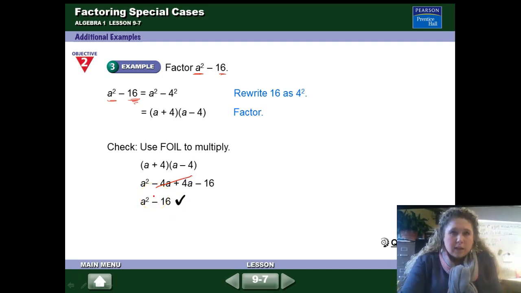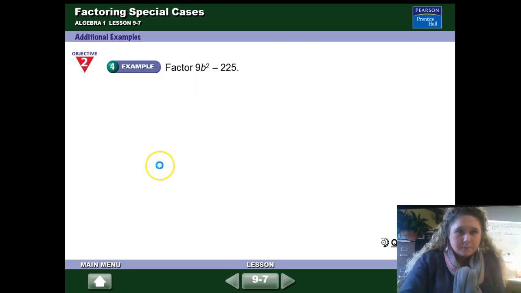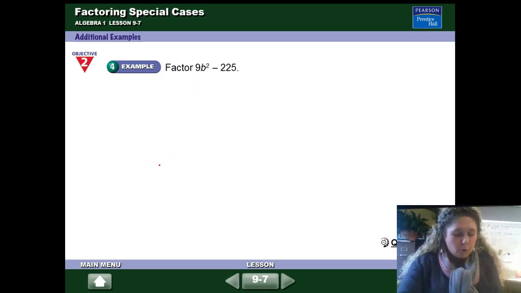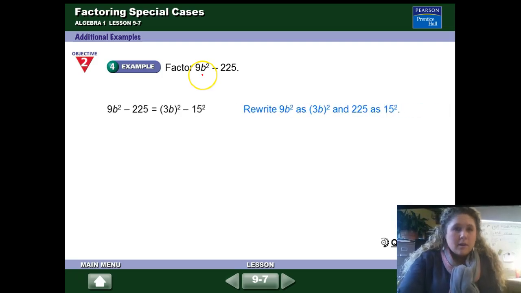So once again, you're breaking up a squared minus 16 into a squared minus 4 squared, and then just using these terms and changing the sign of your factor. Another one, now your a is no longer equal to 1, so we need to break 9 here up.